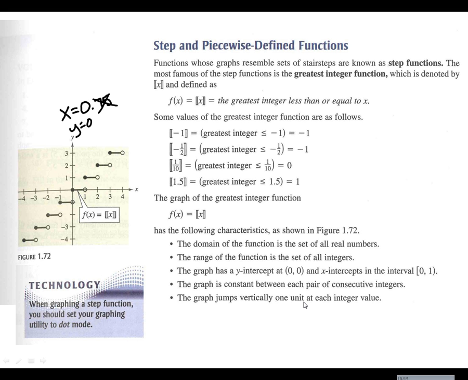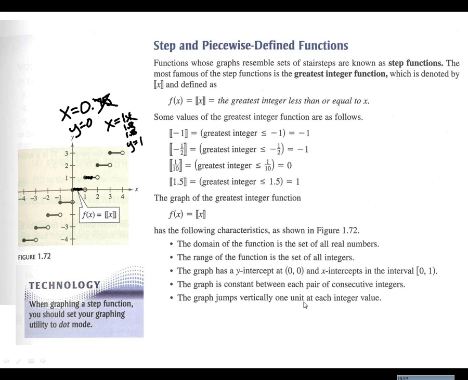If you'll notice on the graph, everything smaller than 1 and bigger than 0, we just turn into y equals 0. If x equals 1.1 or 1.2 or 1.5, any of those points, we just cut off the decimal to figure out the y value. So y equals 1 for all of those.